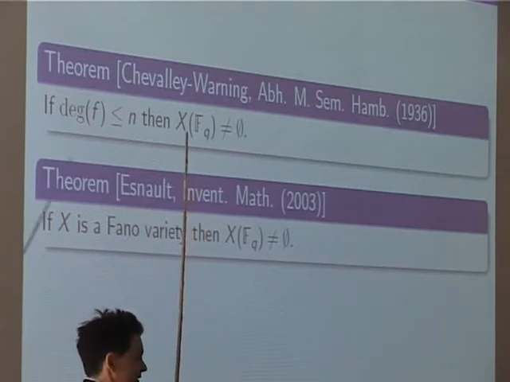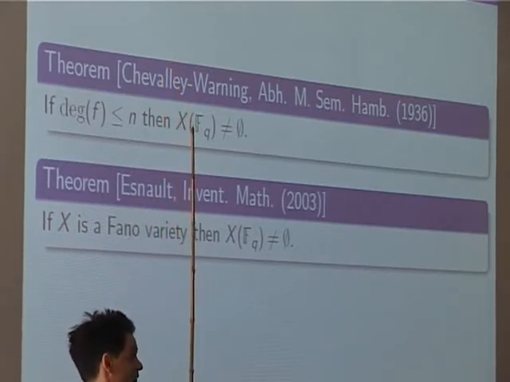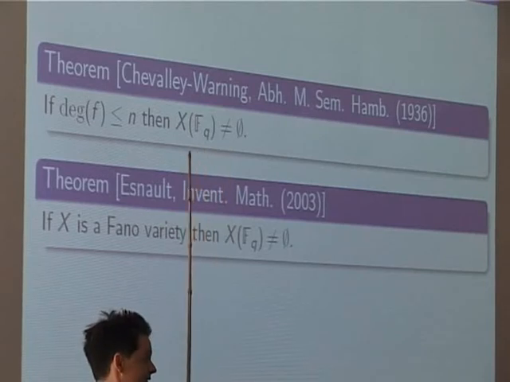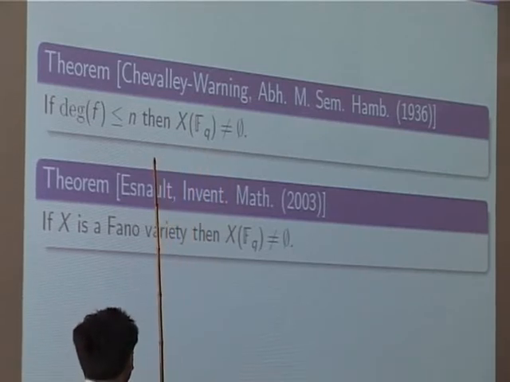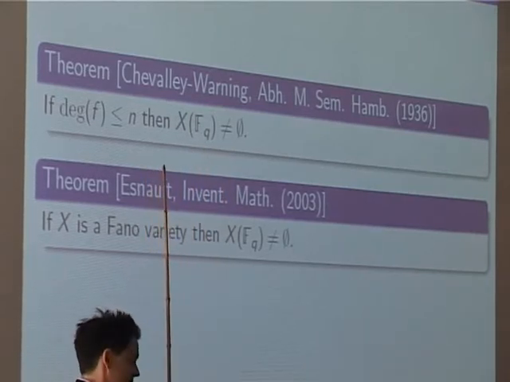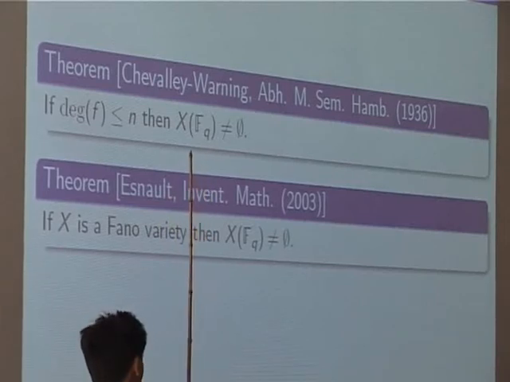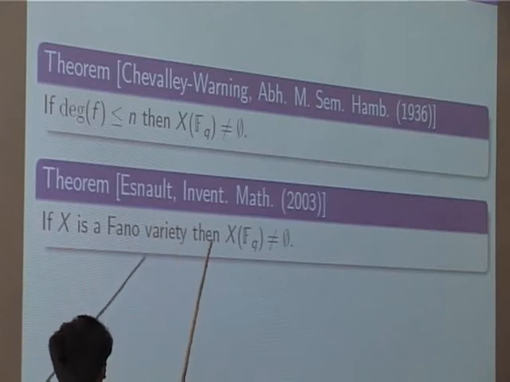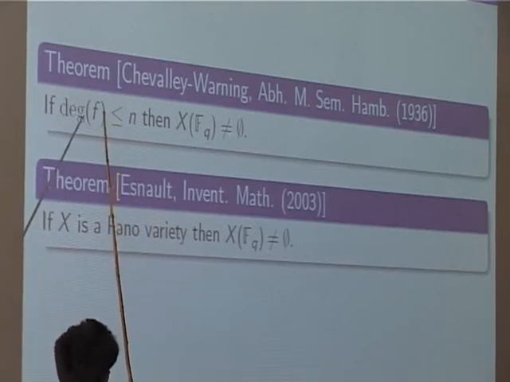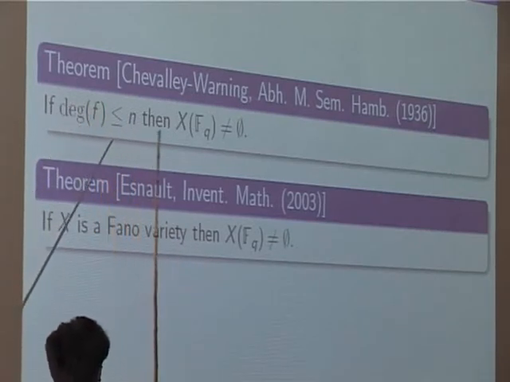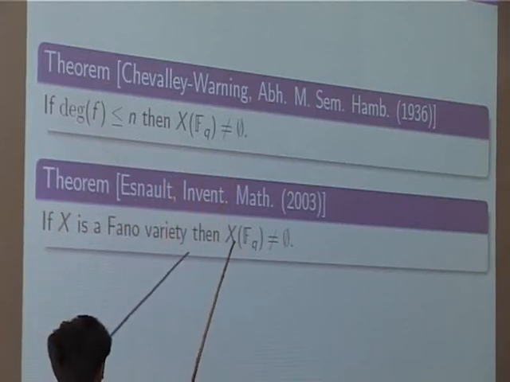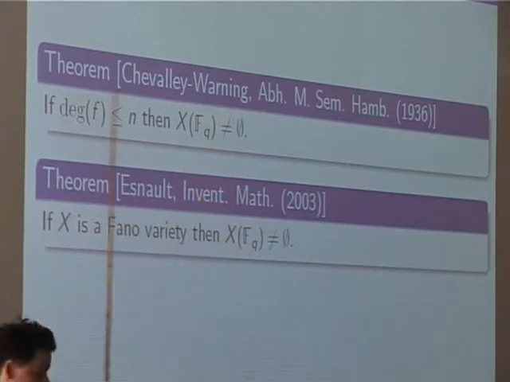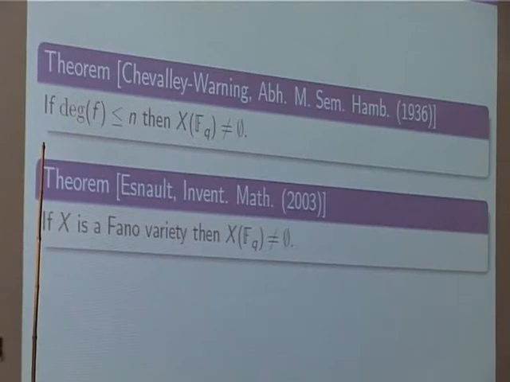This can be generalized, in fact, to Fano varieties, a notion we'll discuss later on, and rationally connected varieties. For a certain class of varieties, which are generalizations of hypersurfaces of low degree, you always have points over a finite field.